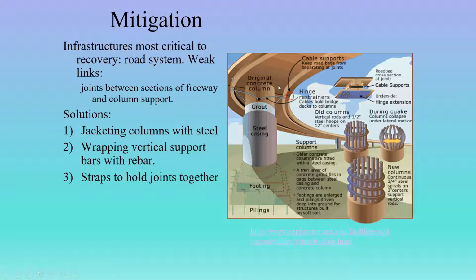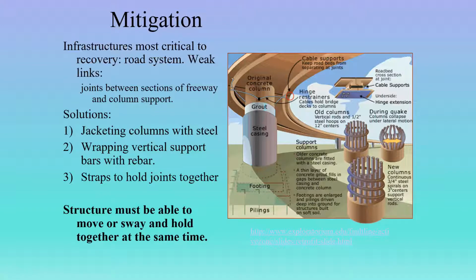Let the road move, but then pull it back into the original position. And always the quandary of engineers is you've got to build a structure that must be able to move and sway and hold together at the same time, right? Which does seem like an engineering nightmare, but it's done very well.